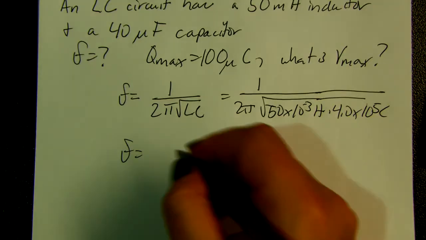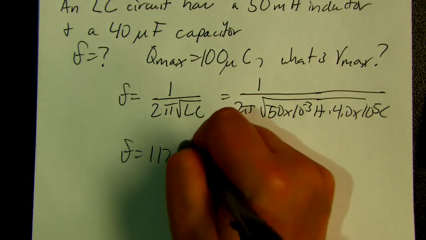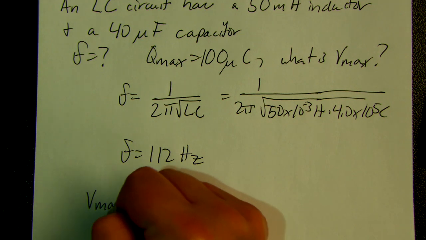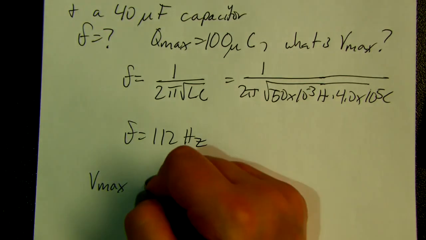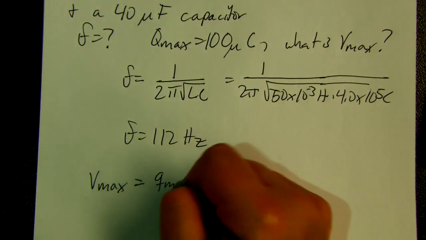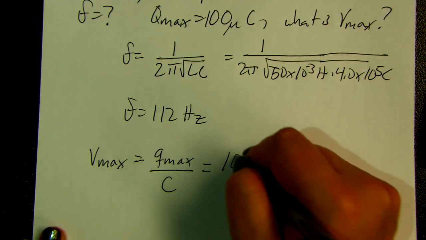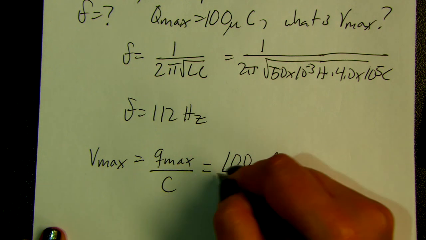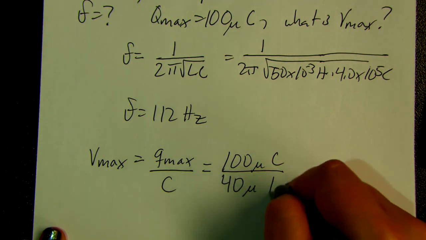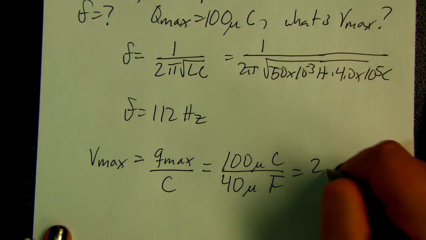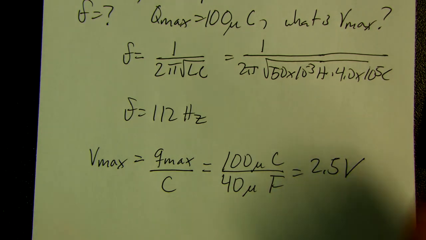Frequency is equal to 112 hertz. And V max, think back to chapter 19, is equal to Q max over C, which is 100 microcoulombs over 40 microfarads. Because they're both micro, I'm not going to unit convert, and this is equal to 2.5 volts.